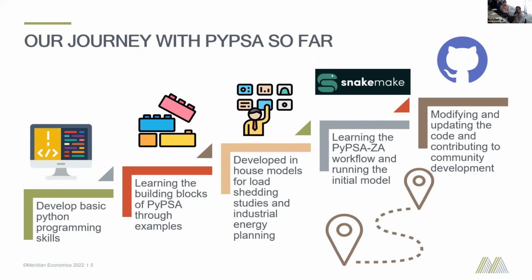And then once we got a decent grip on that, we built our own small, simple model, and then a little bit more complicated on the industrial energy planning. So we started to toy around with jumping into the bigger models. And there's a reason that we started with PyPSA-ZA. Obviously, the model existed for South Africa, and it's a little bit more of a streamlined model. It doesn't have all the functionality of PyPSA-Europe or PyPSA-Earth, but that also makes it a little bit easier to get started with.